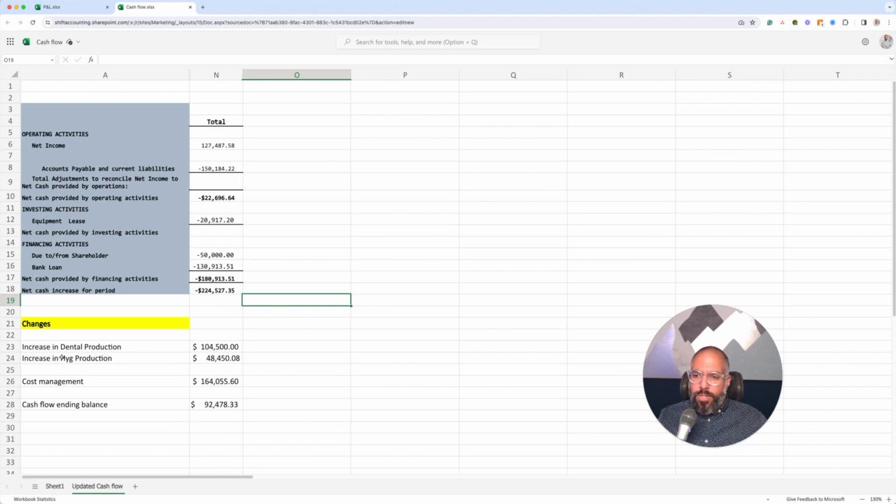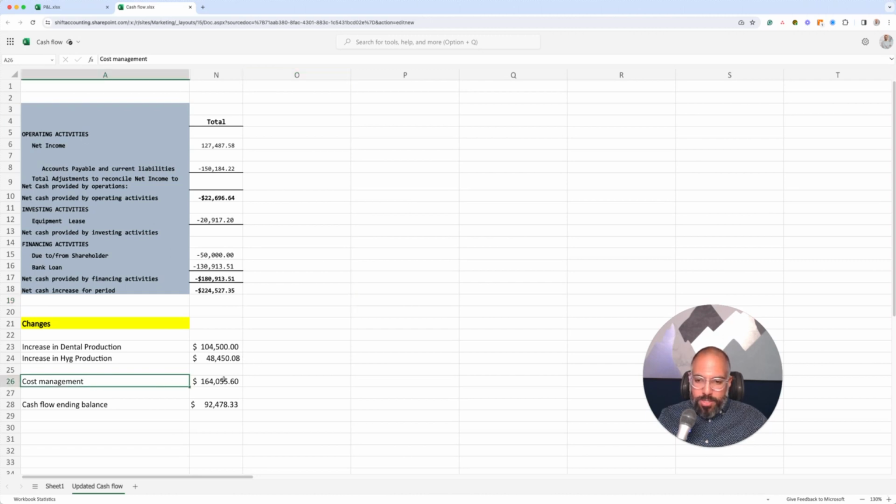We're starting with a negative 224,000, and we're assuming all of this happened simultaneously. We increased dental production by 104,000. This is again to the bottom line, and we collected it. That's another important assumption. And we increased hygiene production by 48,000.